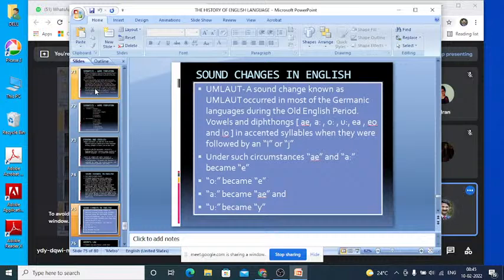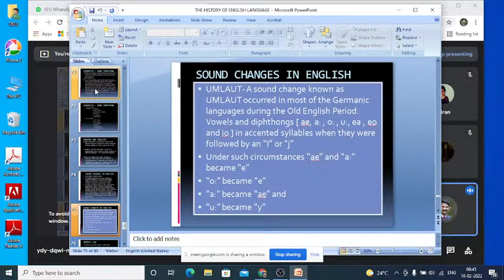Umlaut, Grimm's law, Verner's law, and the great vowel shift all come under what is known as sound change. If you are asked to write an essay on sound change, you can write an intro about sound change. Thereafter you can mention the great vowel shift.